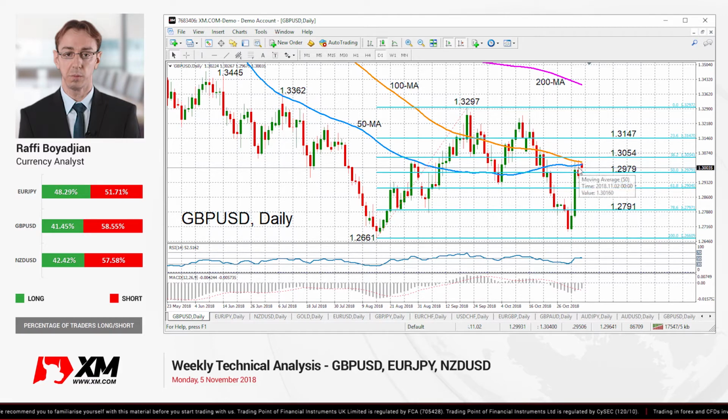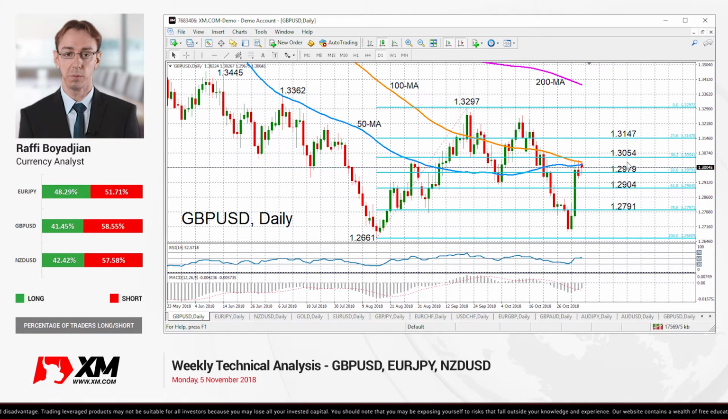At the moment, prices are being capped by the 100-day moving average. That's just above the 1.30 level, and then not too far above the 100-day moving average is the 38.2% Fibonacci retracement of the upleg from 1.2661 to 1.3297. That's around 1.3054.